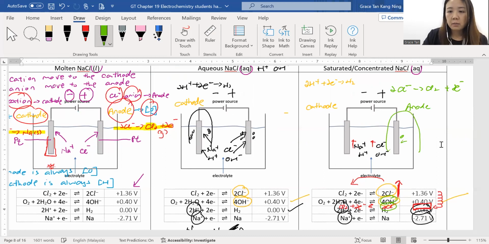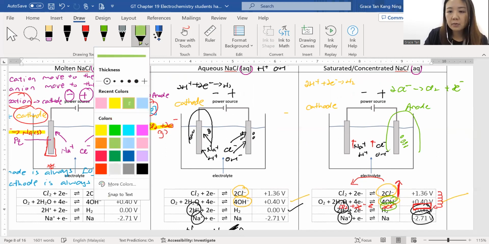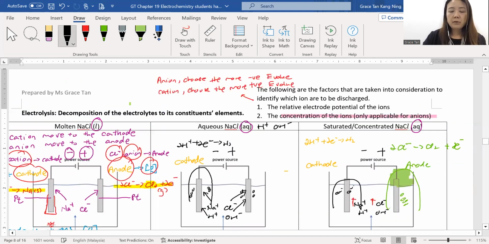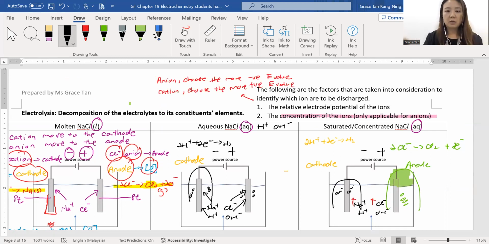You will start collecting a yellow-green gas. Chlorine is a yellow-green gas. And on the left, you will collect a hydrogen gas here, something like that. So therefore, we have already used the 2 factors to know which ion will be discharged, using 3 examples. The first one, molten NaCl, does not have any competition. So you are the only cation and you are the only anion.